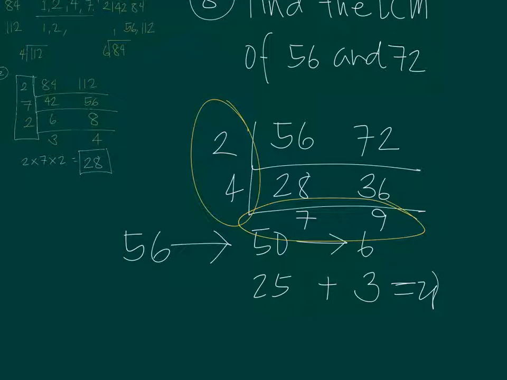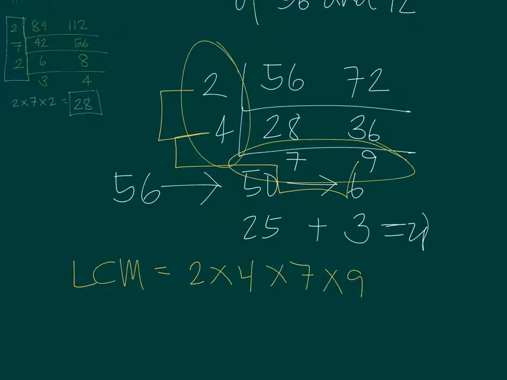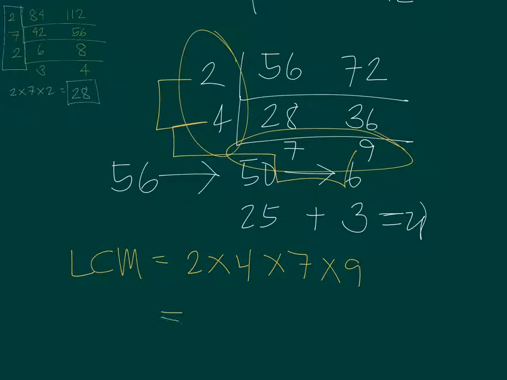So the LCM is 2 times 4 times 7 times 9. If we multiply, this will become 504. You may check that. It should be 504.